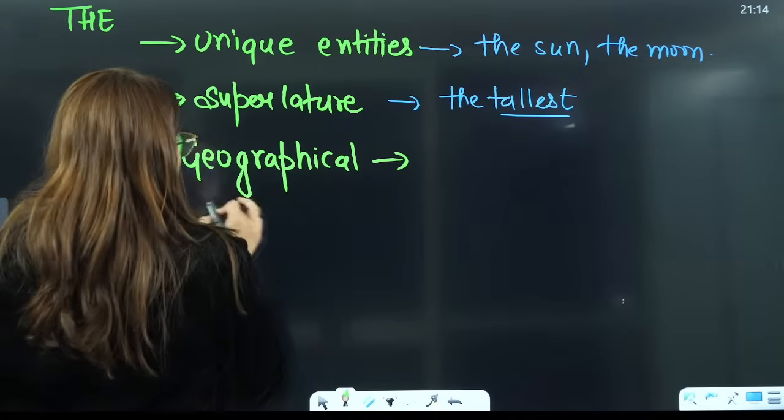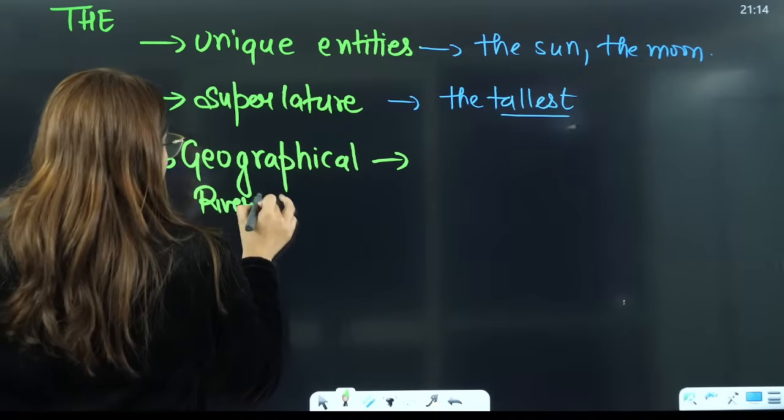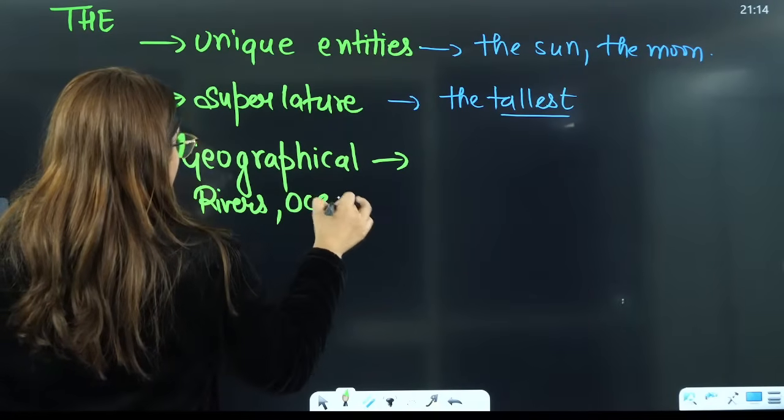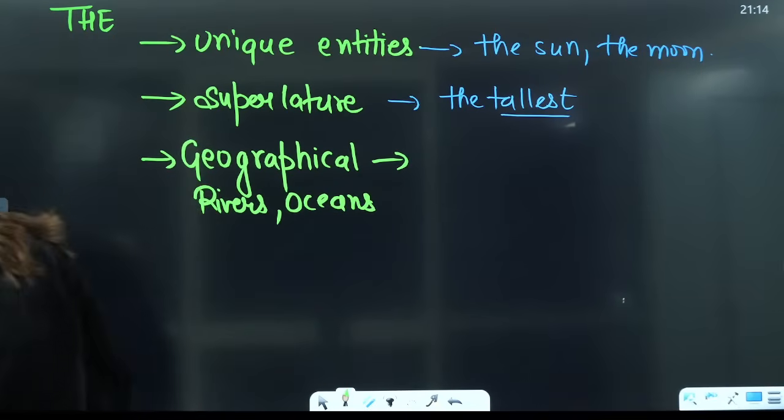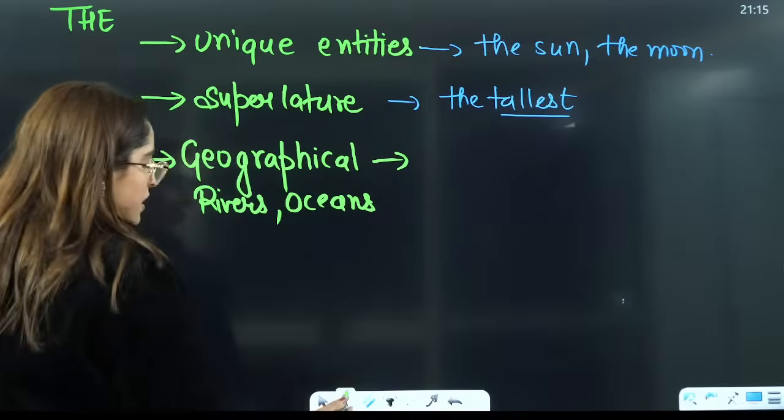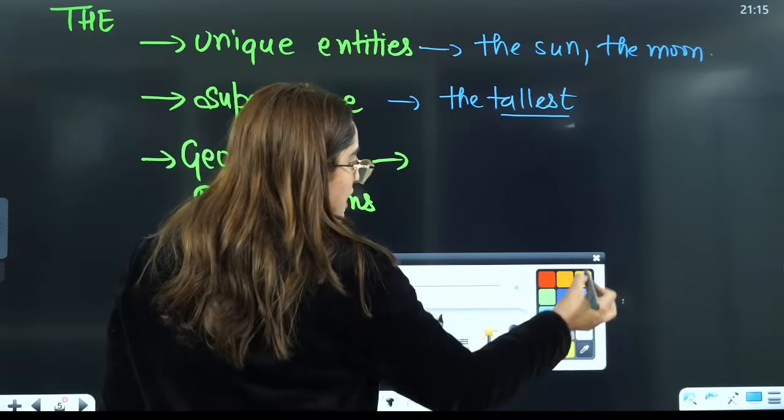Geographical things like rivers, oceans, mountain ranges, the Himalayas. Then you have lakes, mountains and all, in some of these you use the.